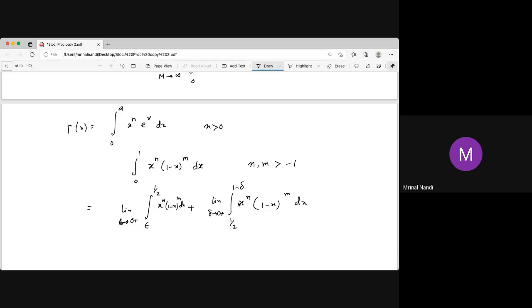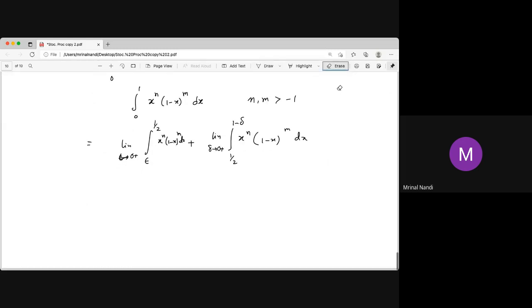Now it may so happen that it's a mix of the two kinds. Your function is like that, minus infinity to infinity of f(x) dx, and again the limit at, say, c, f(x) does not exist. Then what will you do?